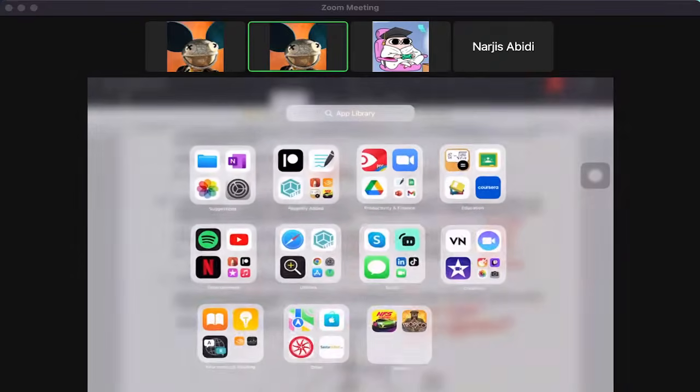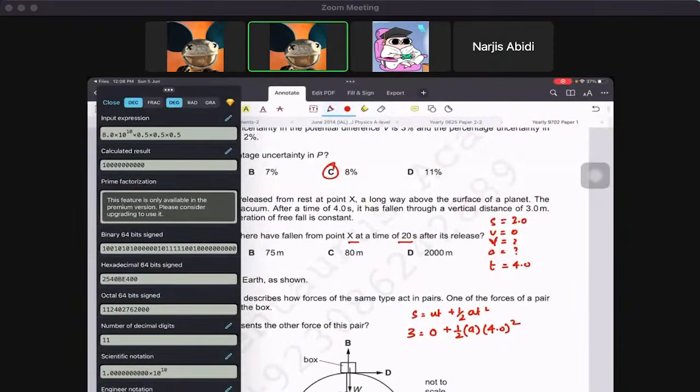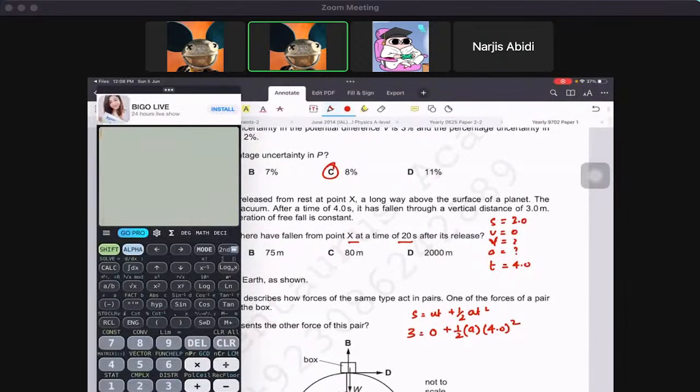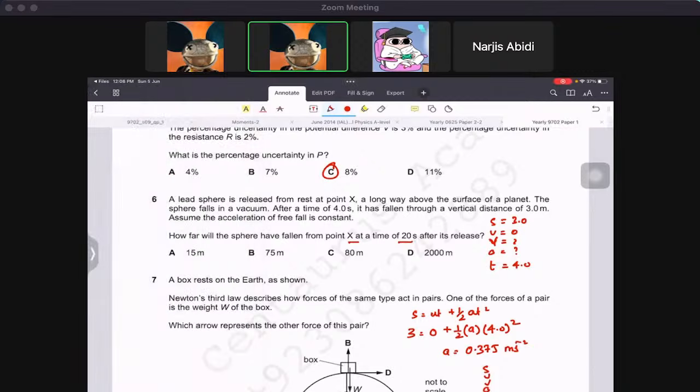Now let's find 3 into 2 divided by 4 square. So acceleration is 0.375 meters per second square. Now we can use SUVAT again. So it says how far the sphere traveled from point X, 20 seconds after release. So we want to find this. Initial velocity 0, acceleration 0.375 and 20 seconds.